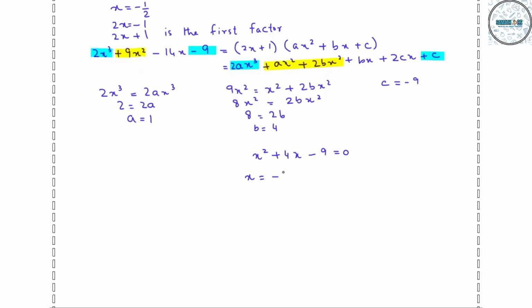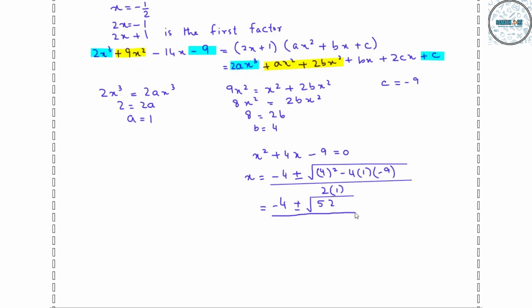We can substitute into quadratic formula. x is equal to minus b, means minus 4, plus minus under root b squared minus 4ac, 4 squared minus 4, a is 1 and c is minus 9, divided by 2 into 1, which is equal to minus 4 plus minus under root 4 squared is 16 plus 36, which is 52, divided by 2.